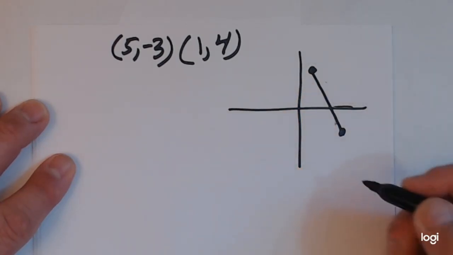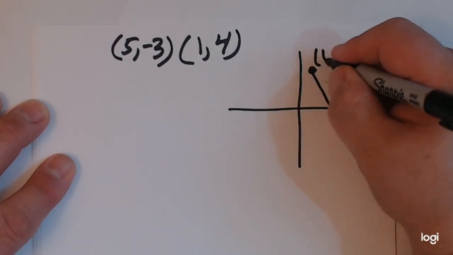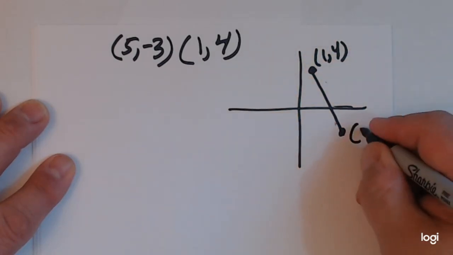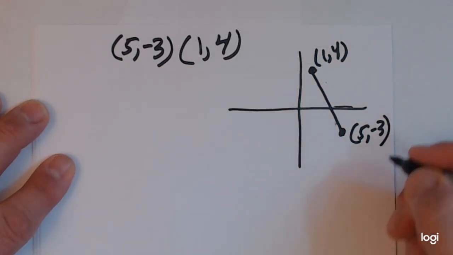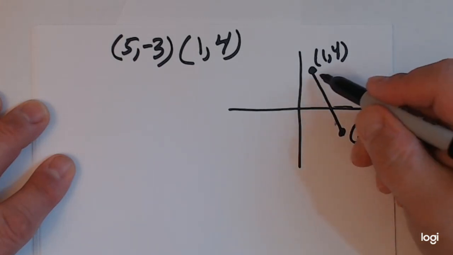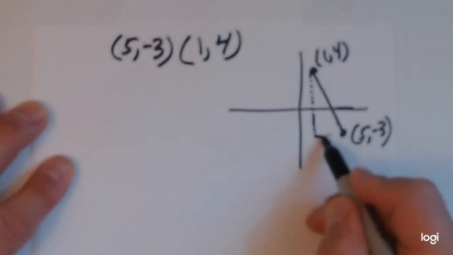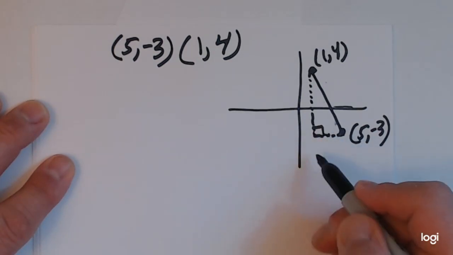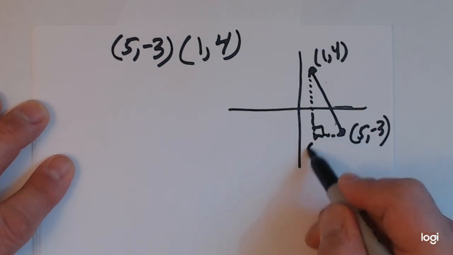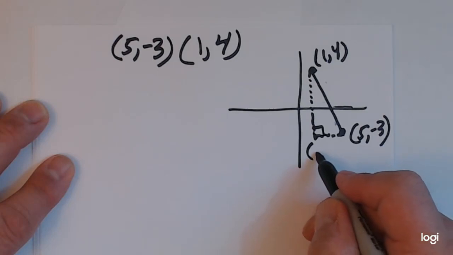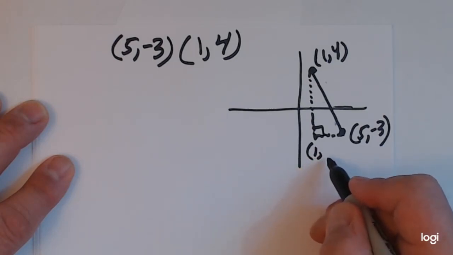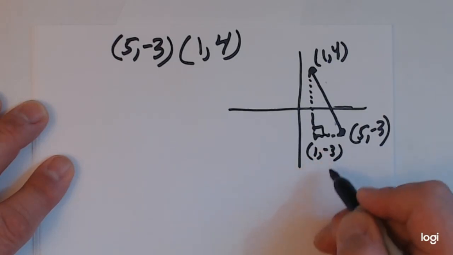Looks something like this. And eventually we're going to drop down a vertical and a horizontal, forming that. And that point would be 1 comma negative 3.